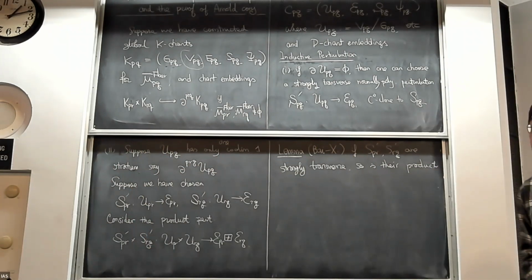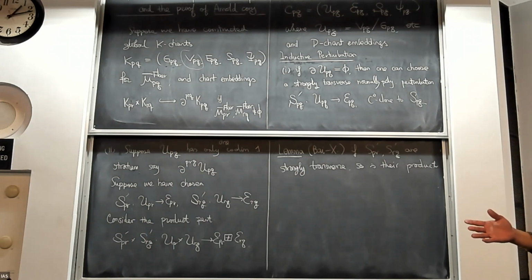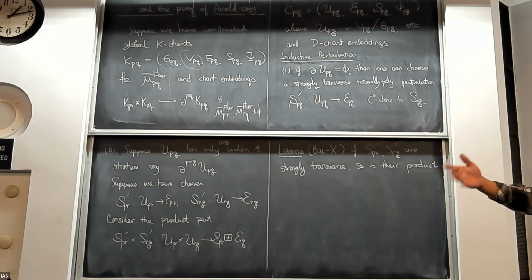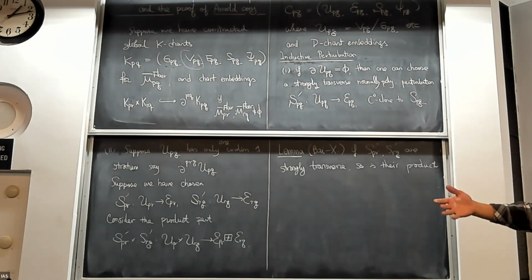You have to recall what strongly transverse means. If you have a normally polynomial type perturbation, or a section, then from this section you can obtain an associated map into some affine space, and this associated map should be transverse to some singular variety with respect to a Whitney stratification. So strongly transverse just means transverse to that stratified variety on the polynomial space.